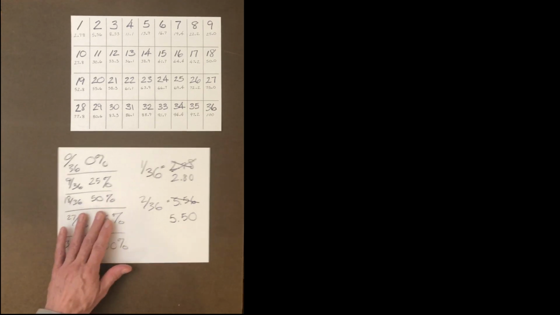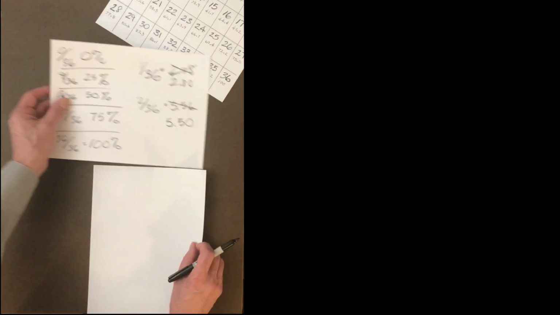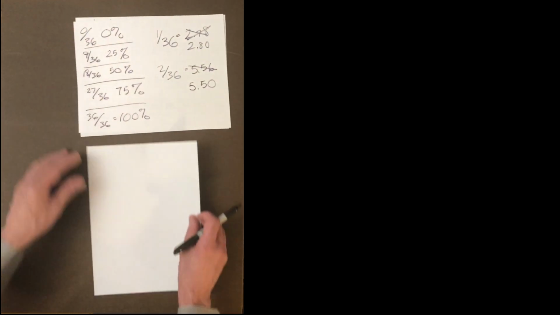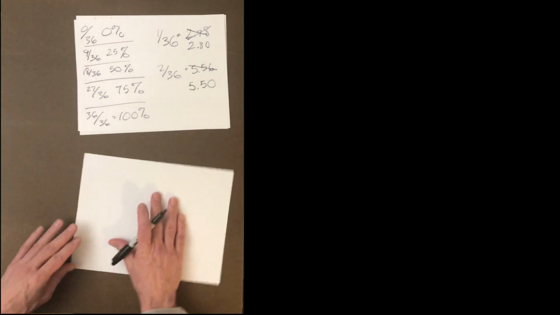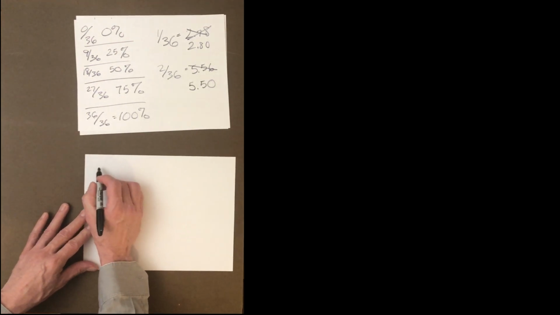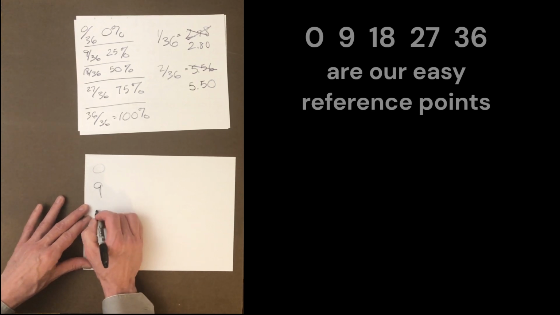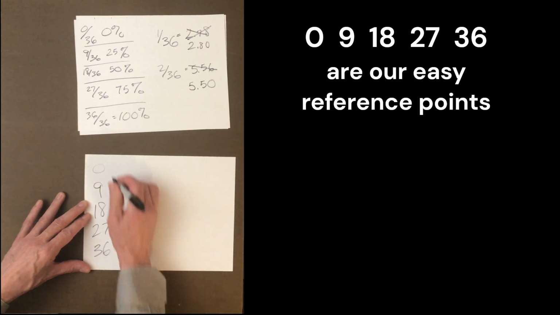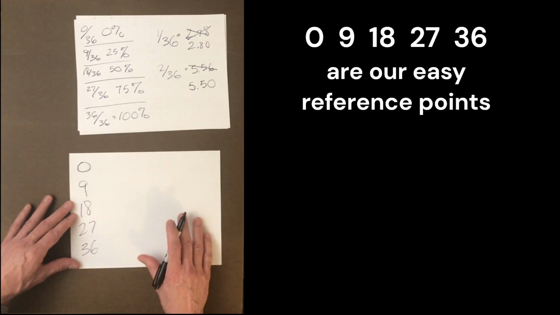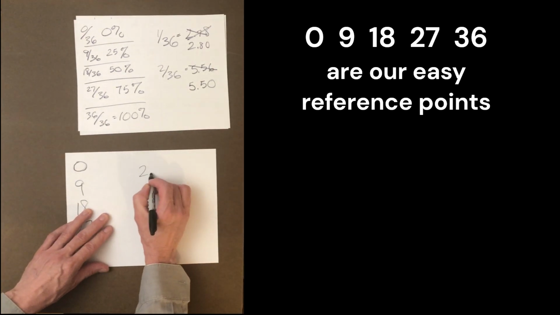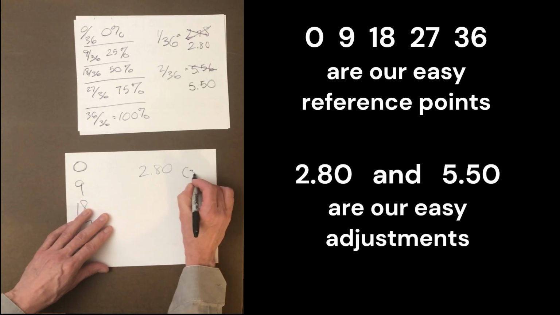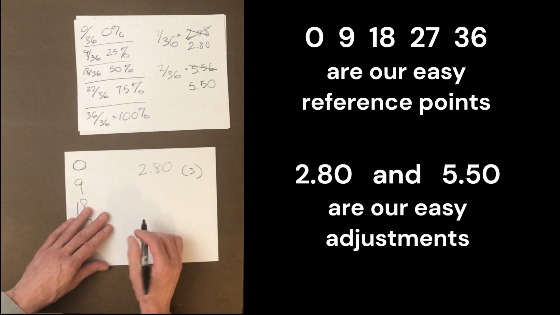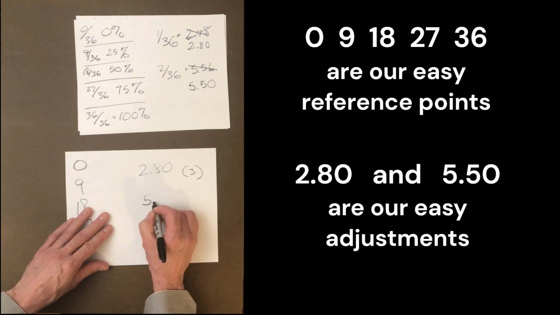So here's how I do that. We'll rewrite this just to make it a little neater. We have 0, 9, 18, 27, and 36. We have 2.80, or 3 if you wanted to round it up, and we have 5.50.